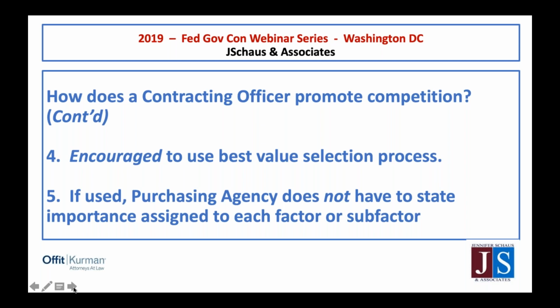The only thing that they really have to do after the fact is provide a brief explanation of why they selected one company versus another. There's not going to be much in the way of documentation that's kept or required to be kept as part of the contracting officer's file, and there aren't very many requirements placed on the contractor or prospective contractors in terms of submitting information.